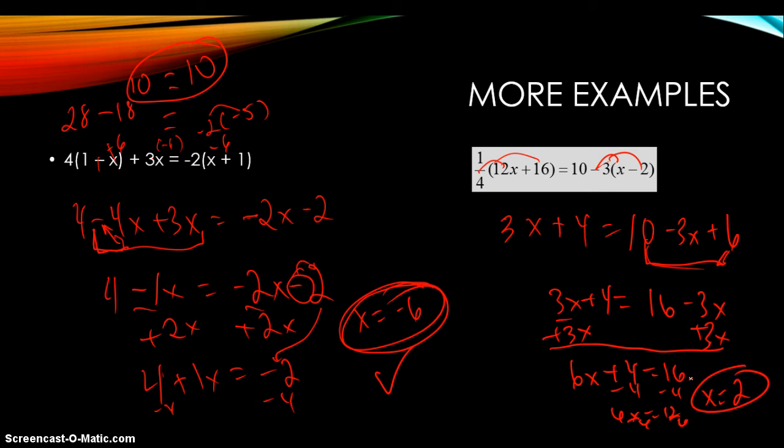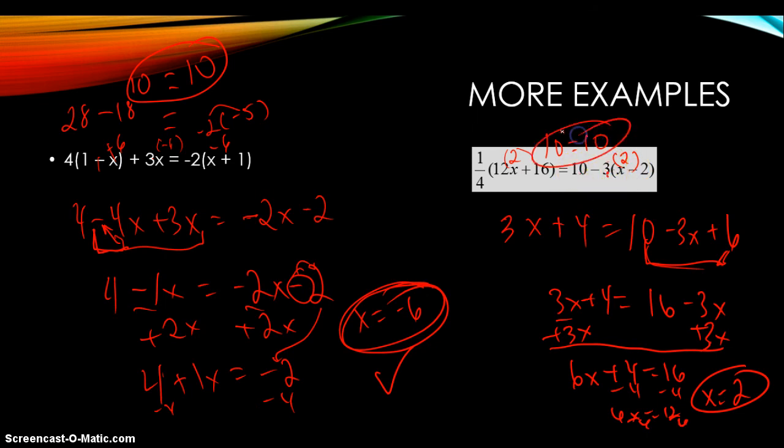x equals 2. So plug it back in. 2 and 2. I get 2 times 12, which is 24, plus 16. 24 plus 16 is 40. 1/4 of 40 is 10. 2 minus 2 is 0. 0 times -3 is 0. 10 minus 0 is 10.